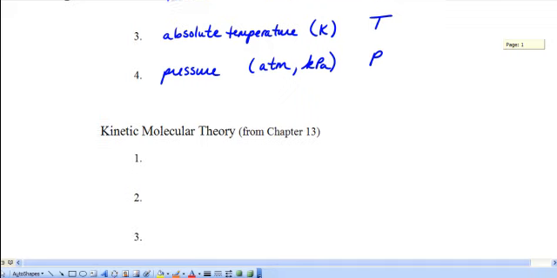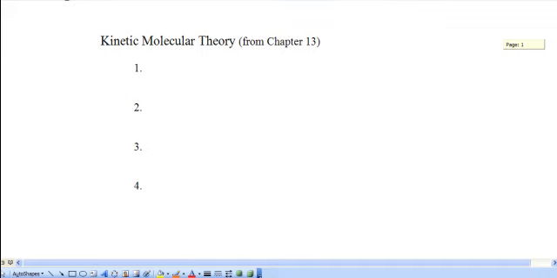Alright, so let's go ahead and jump in. First objective is to review the kinetic molecular theory. Now, the kinetic molecular theory is what describes how particles behave, particularly in the gas phase.